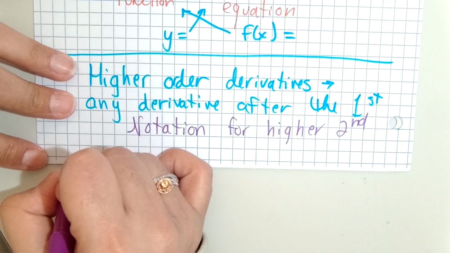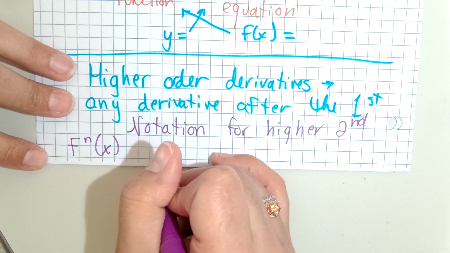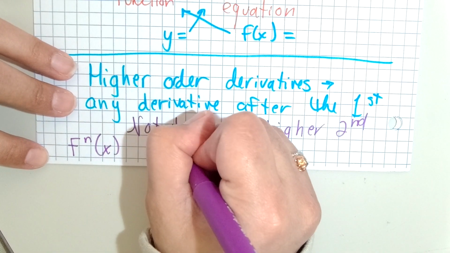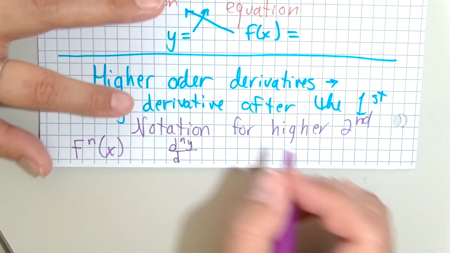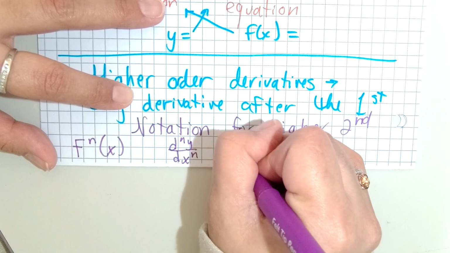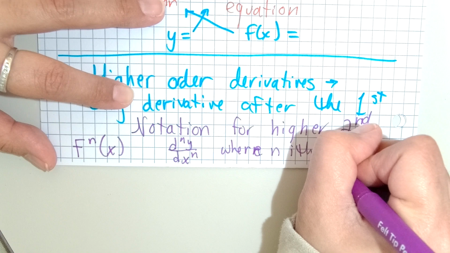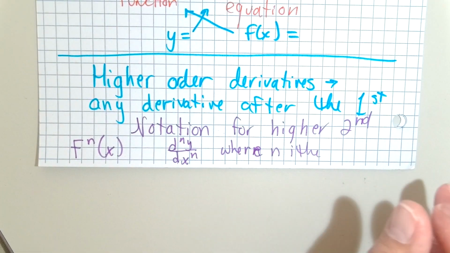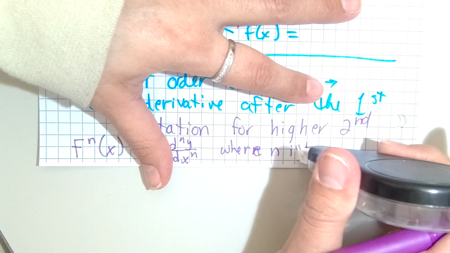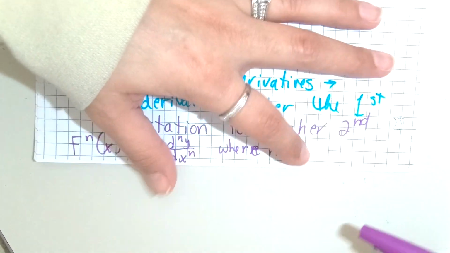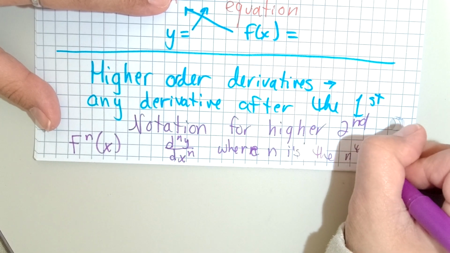I hope I can fit it on here. f^n of x, and then d^n y over dx^n, where n is the nth derivative.